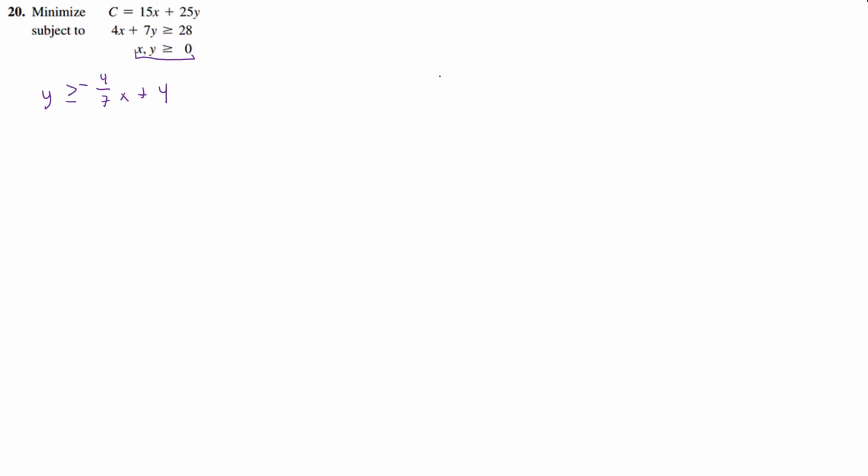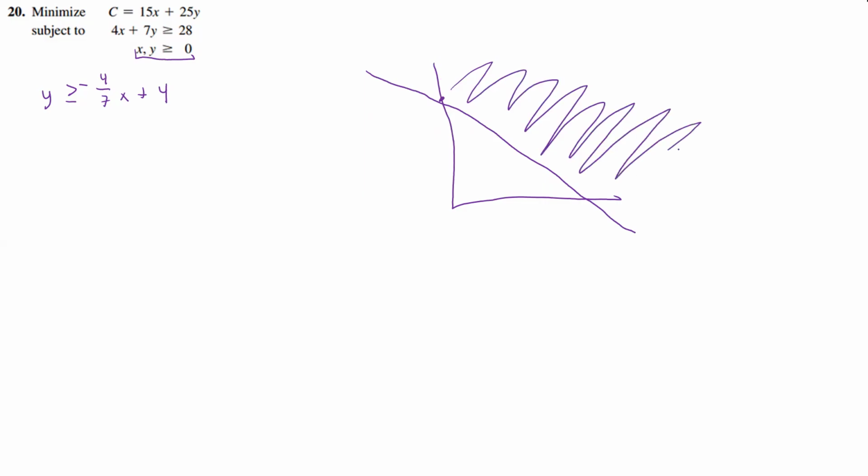If we plot this, it's just the upper right quadrant. Here's our 4, and we're going to go down and right, something like that. It's not to scale, but that's what we're looking at. Now this one says it's going to be greater than that, so we're going to be out here.